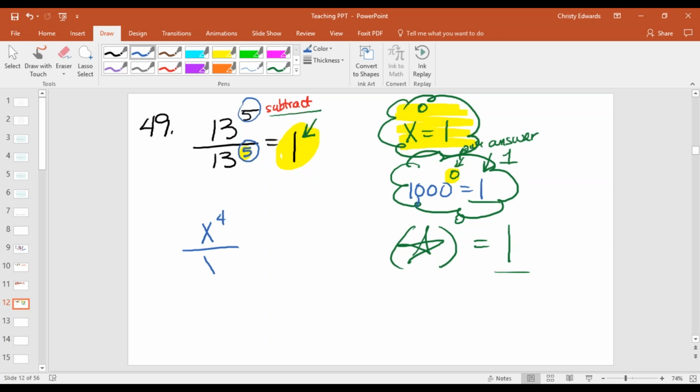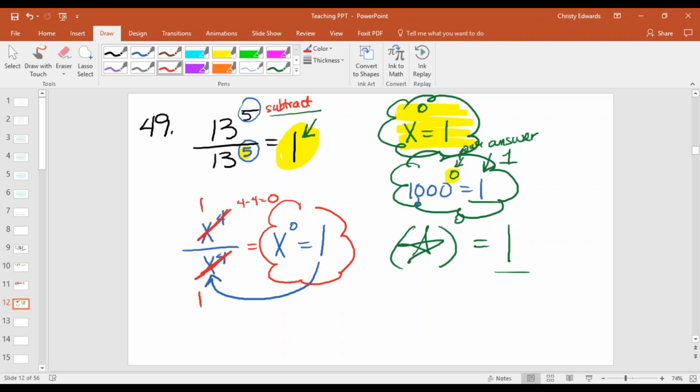X to the 4th over x to the 4th. If we use our shortcut, 4 minus 4 equals 0, that's the same as x to the 0, which equals 1. See the connection here? You could have told me that if something is over its exact self, that cancels to 1. Cool connection, right? In fact, I told you to just memorize this 4 lessons ago.